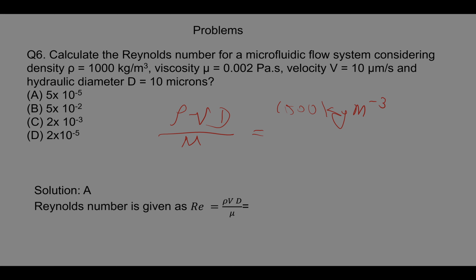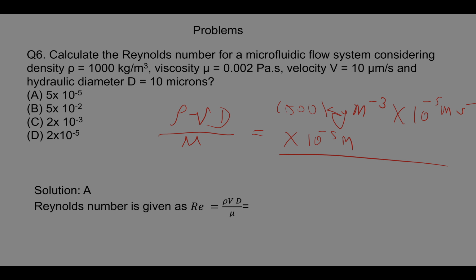Then we have v, so that is in micrometer per second. So we have to convert into the meter. So 10 to the power minus 5 meter second inverse, and also multiplied by d. D is also 10 microns, so 10 to the power minus 5 meter divided by mu.